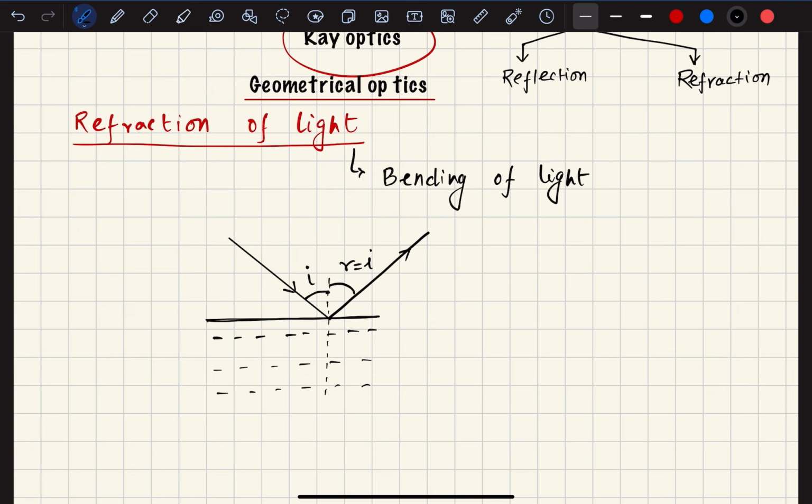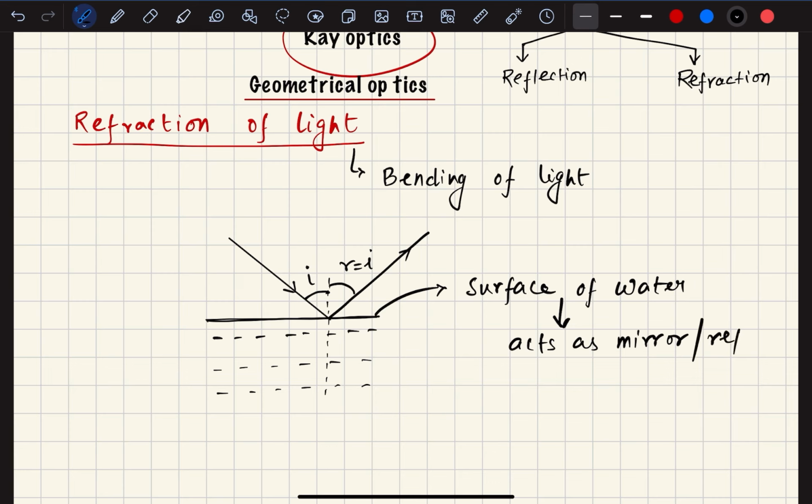Here this surface of water acts as a mirror, a reflecting surface. So suppose the total light rays coming is 100%, out of this maybe around 10% of the light gets reflected.